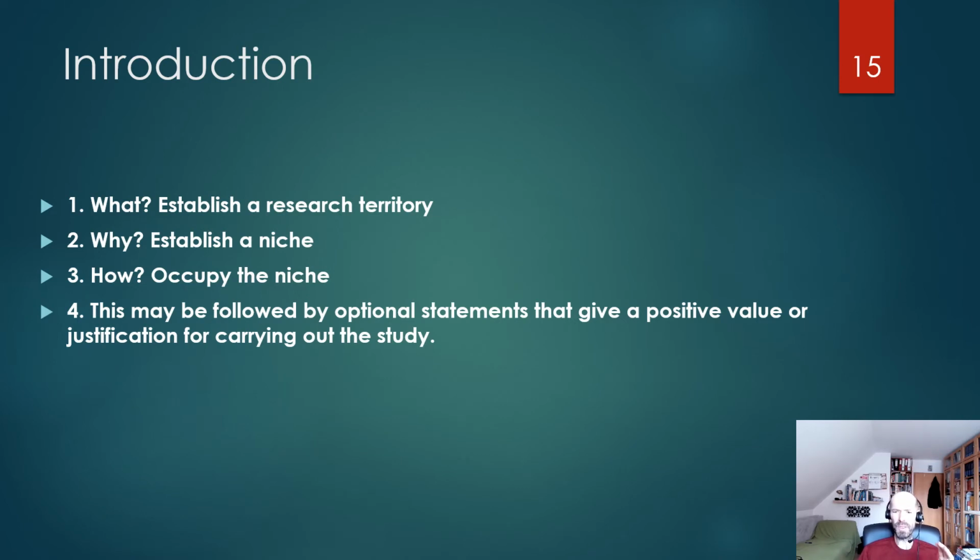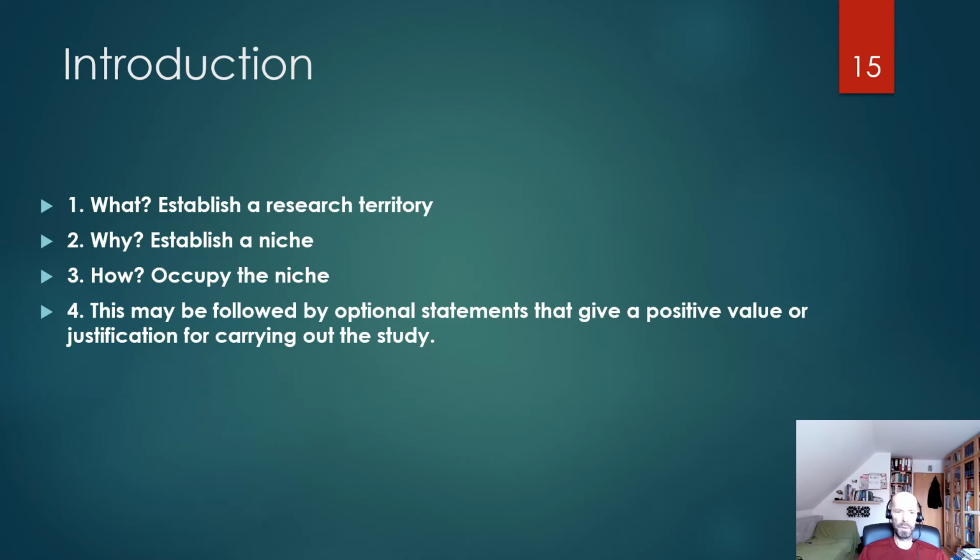Now you need to resist the temptation to mention all the secondary literature here. It's normal to introduce references to other works only where they are pertinent to the ongoing argument. So keep it short.